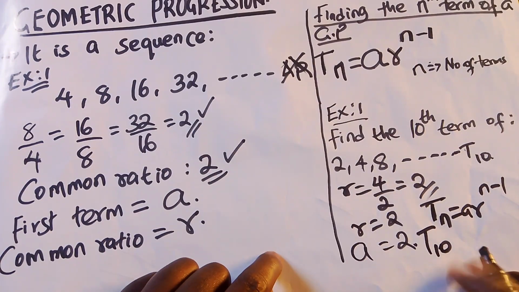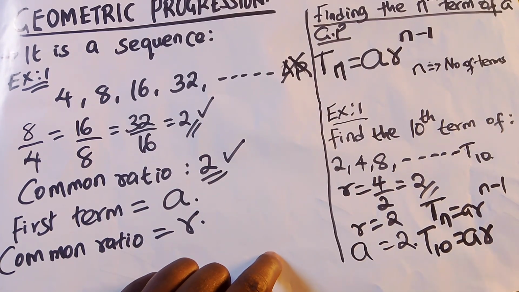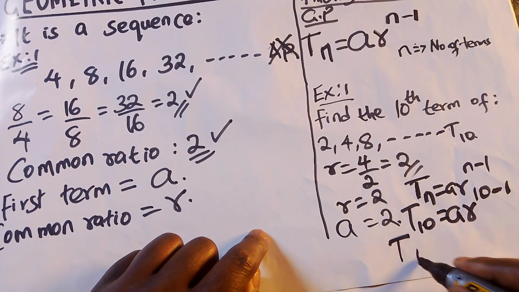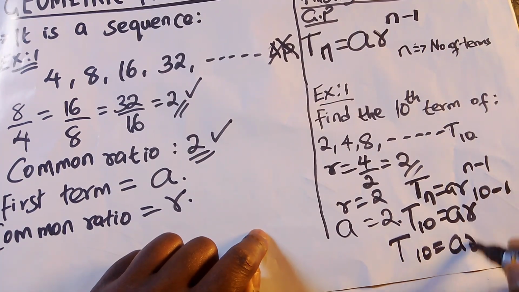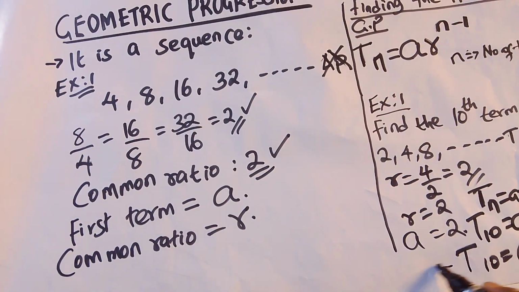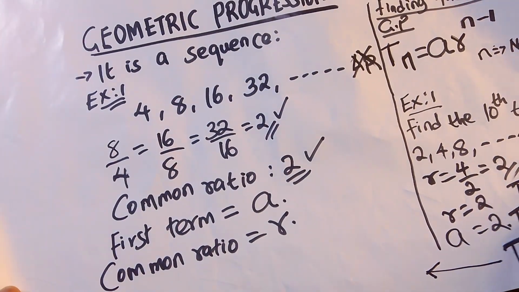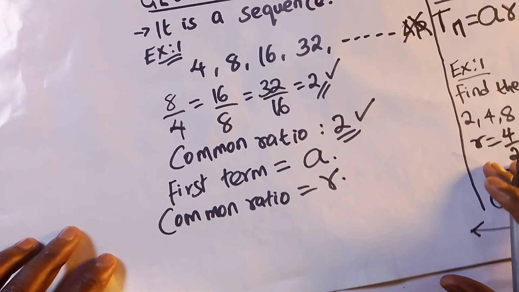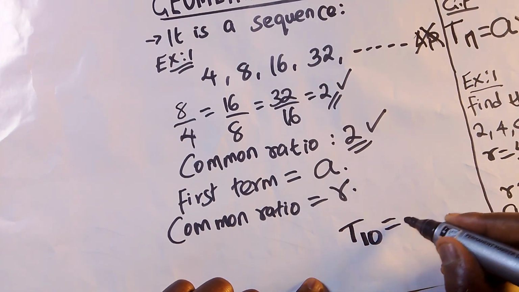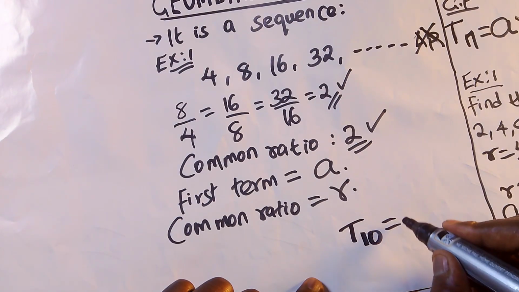So our 10th term will be equal to AR to power n minus 1, where n is 10, 10 minus 1, which will give us T10 equals AR to power 9.